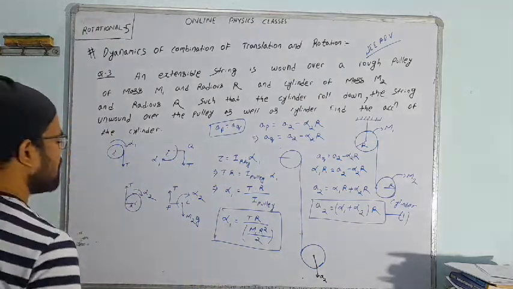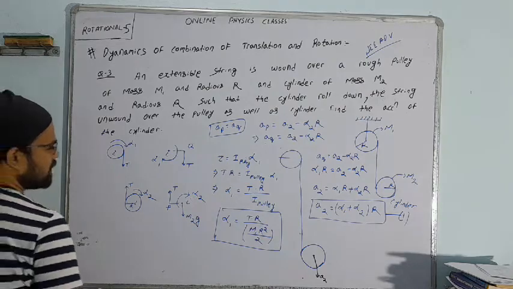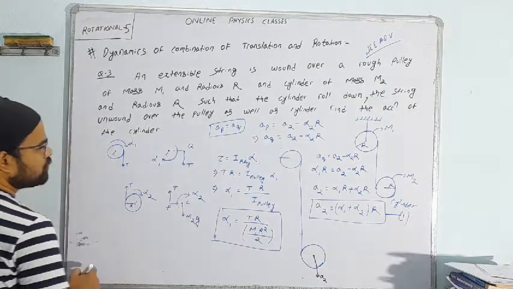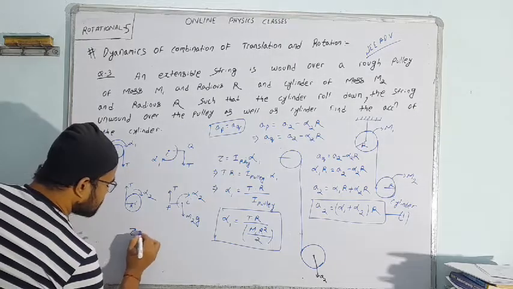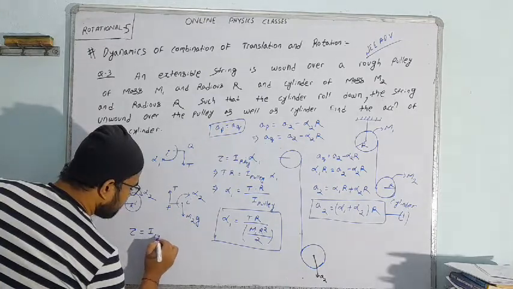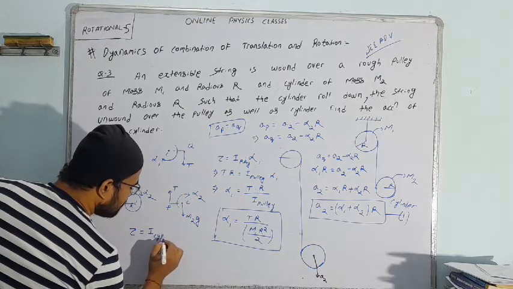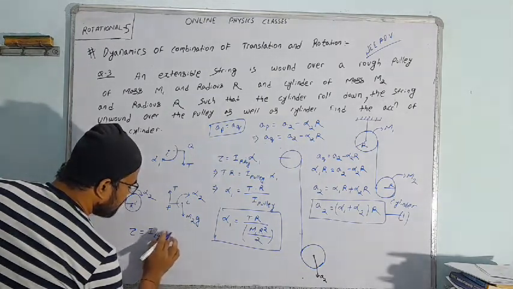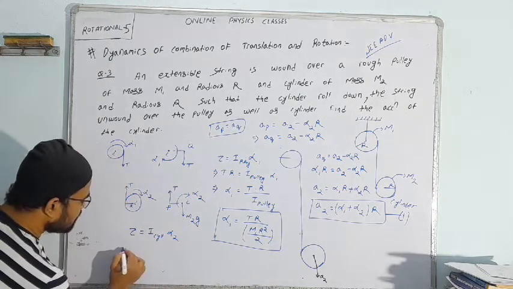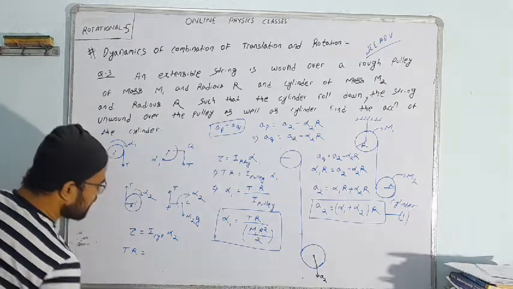Okay, for alpha 2, how can you find alpha 2? If you apply the torque equation for cylinder 2, we get torque is equal to I of cylinder into alpha 2. What is torque? That is T into R. What is I of cylinder?